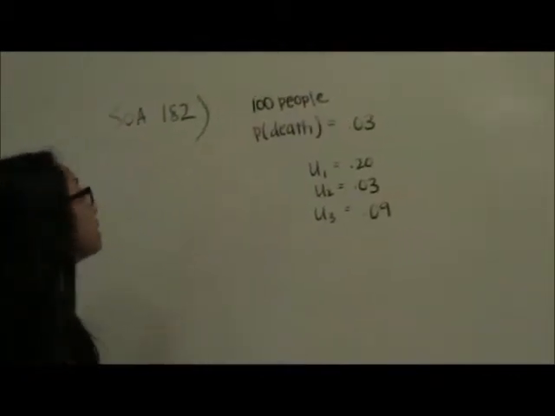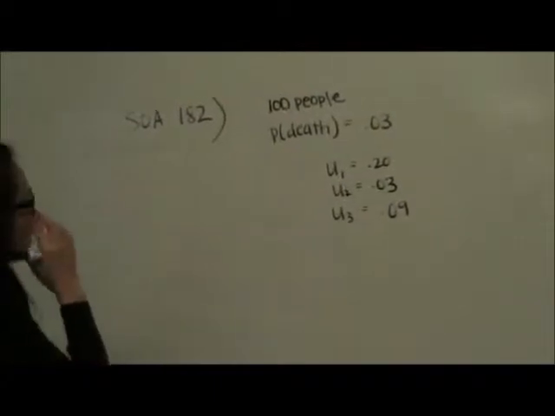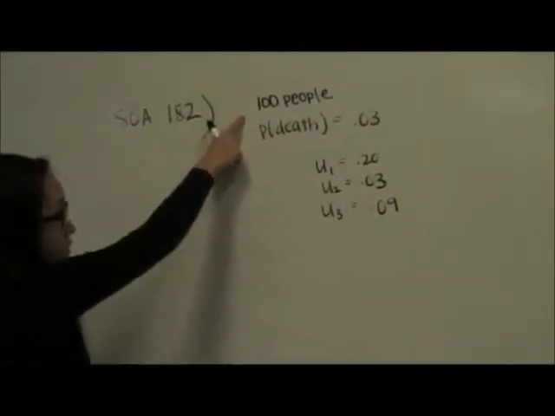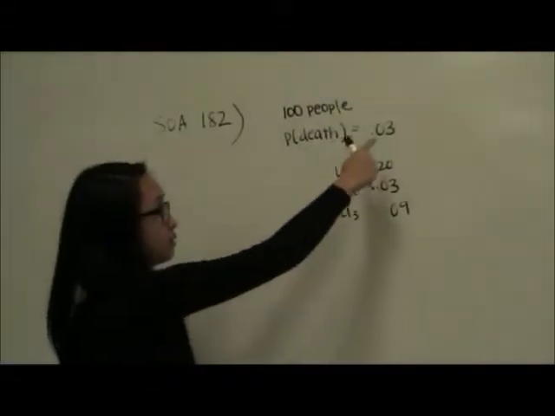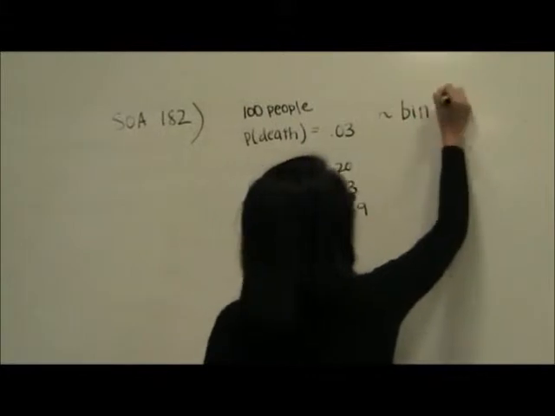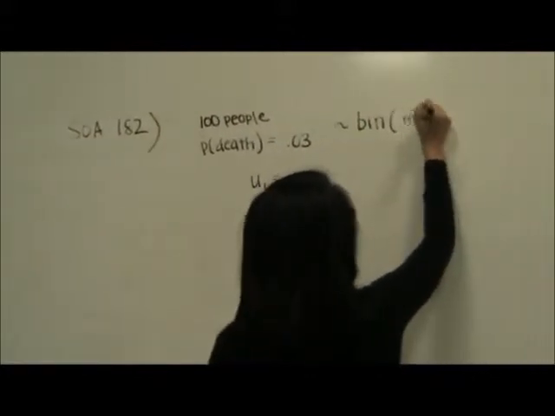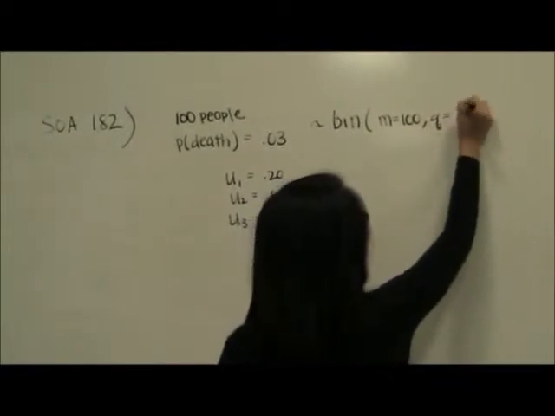Okay, so now we're going to move on to SOA number 182, and in this question we have 100 people aged 65, and the probability of death for these 100 people is 0.03, which makes this a binomial distribution with m equal to 100 and q equals 0.03.